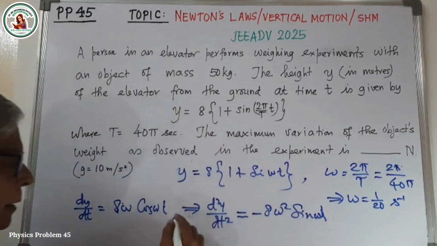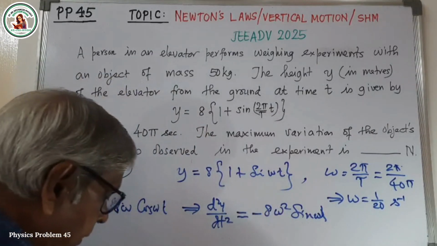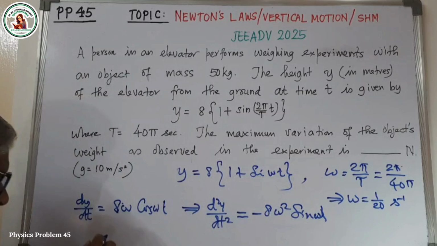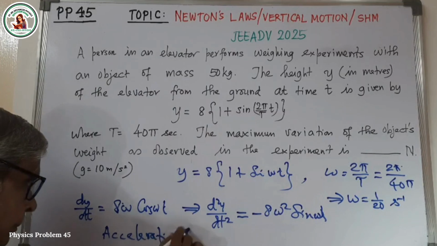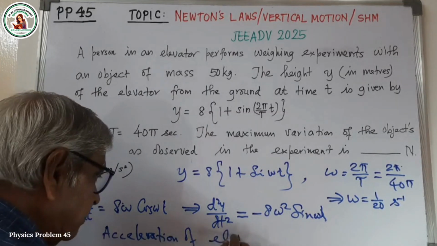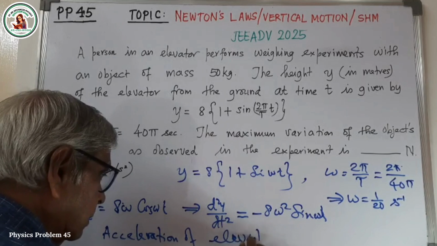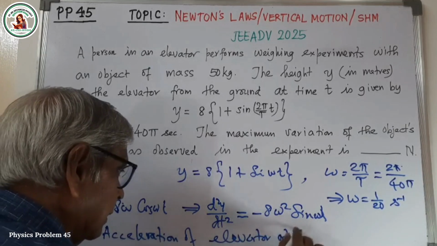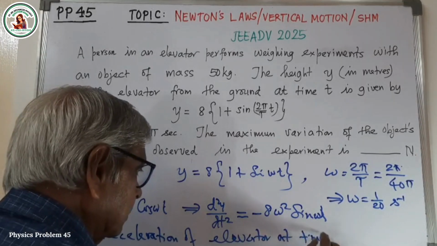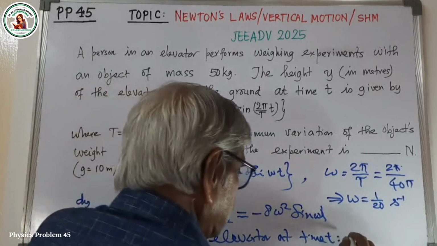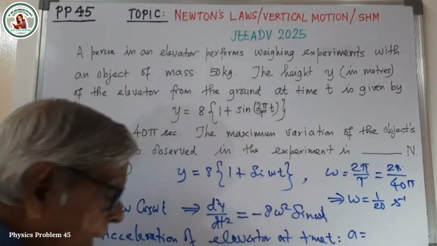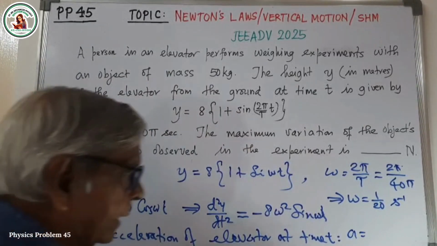So this is the instantaneous acceleration of the elevator at time t: a is equal to minus 8 omega square sine omega t.